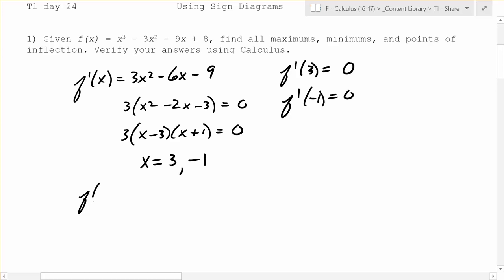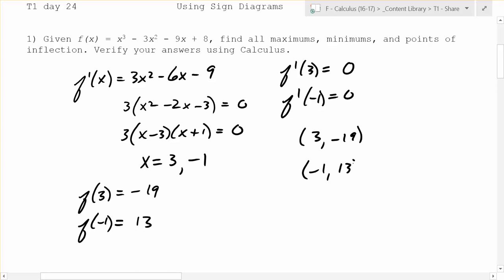This should not take you too long. You're just evaluating. So what are the 2 points? You have 3, negative 19, and you have negative 1, 13. So those are two potential, you don't know yet, mins or maxes.